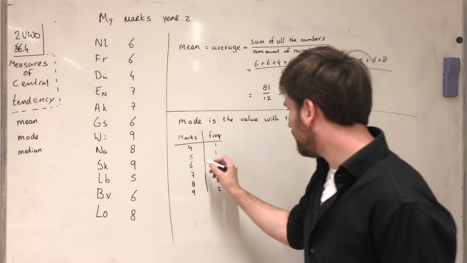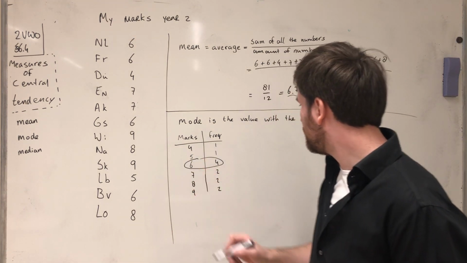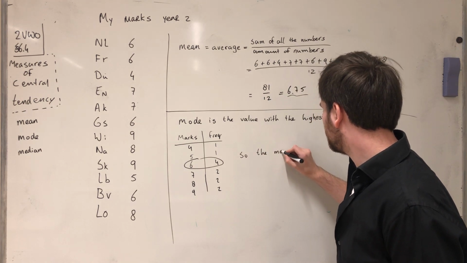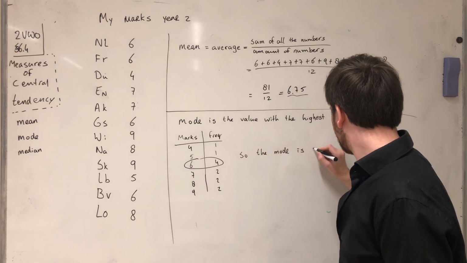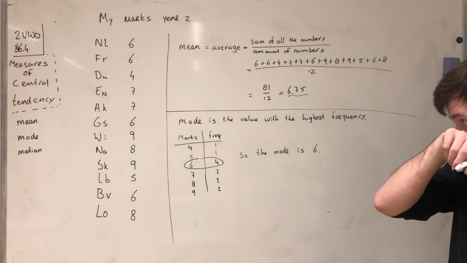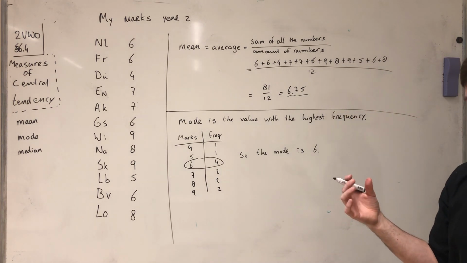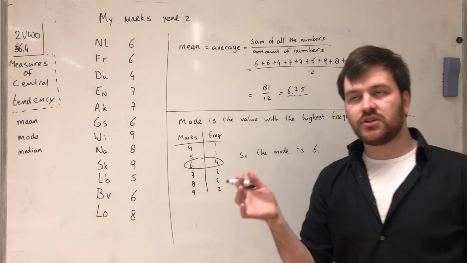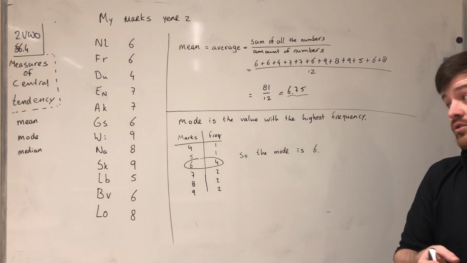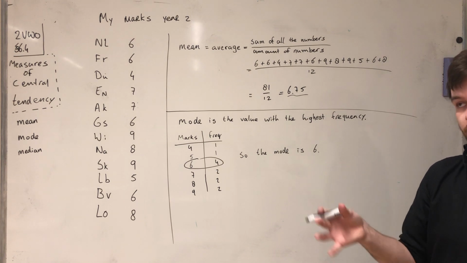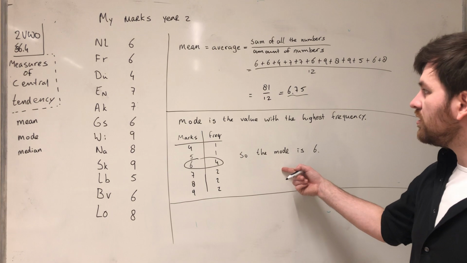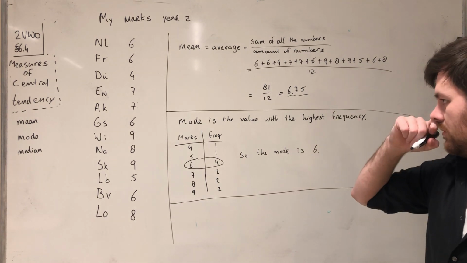There's one value which has the highest frequency, so the mode is 6. When is the mode useful? For example, when you're taking a poll in politics, the answer which is given most often is usually used to make decisions. So there are cases in which the mode is more useful than the average.